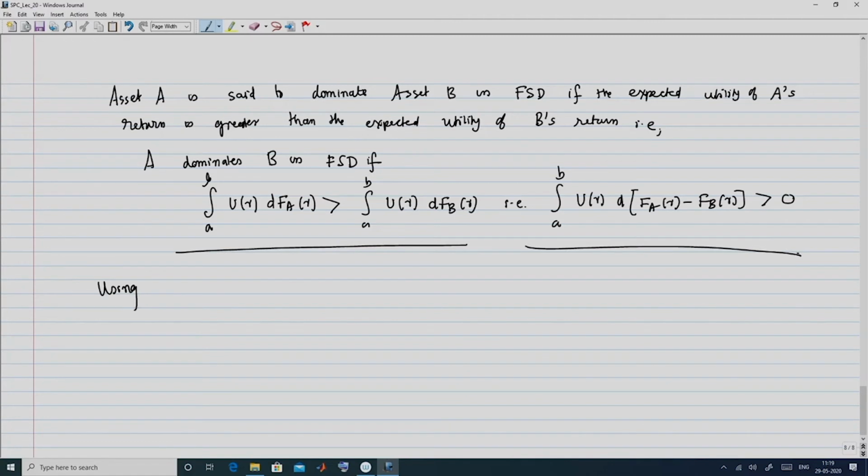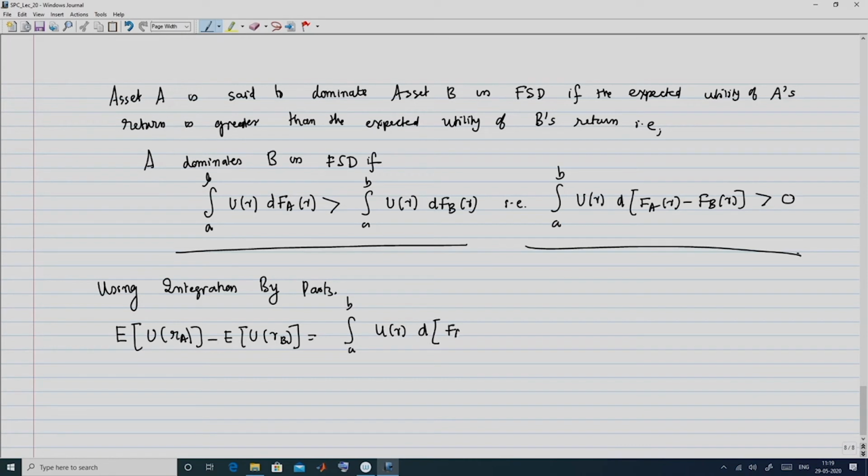Alright, so now using integration by parts, what will we have? The expected value of utility of r_A minus E of u of r_B is going to be the integral from a to b of u of r d of (F_A of r minus F_B of r). If we use integration by parts, we take this as the first function and this as the second function.